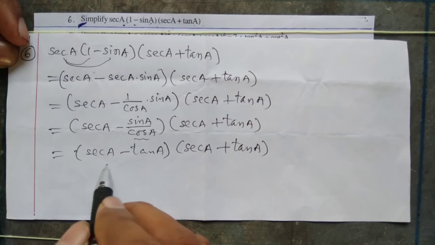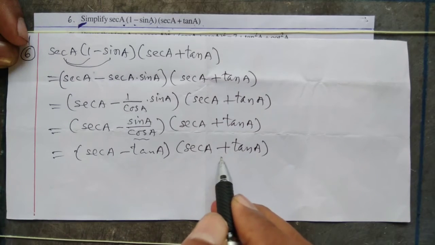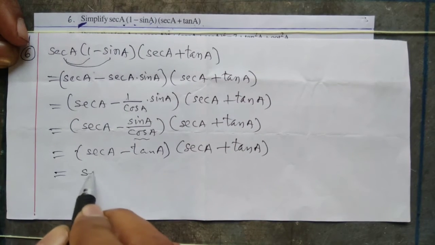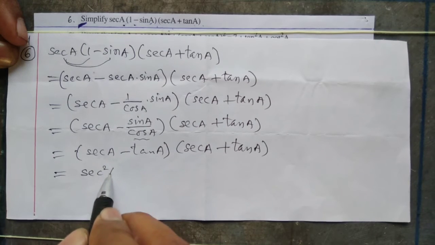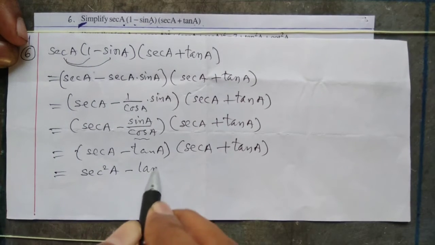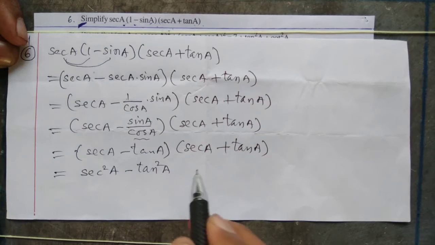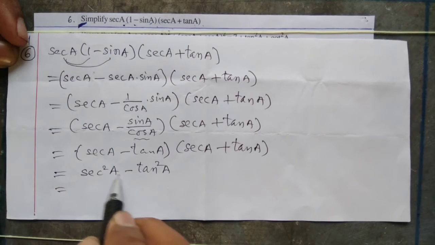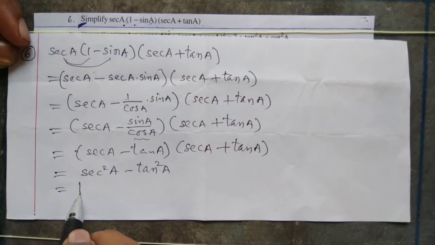This is in the form of A minus B into A plus B. Then we can write A square minus B square, sec square A minus tan square A. So sec square A minus tan square A is equal to 1.